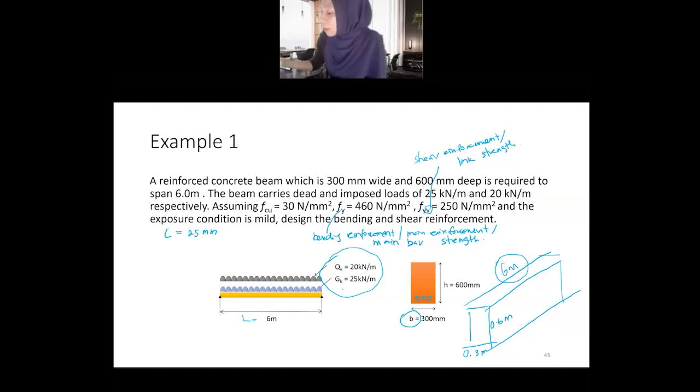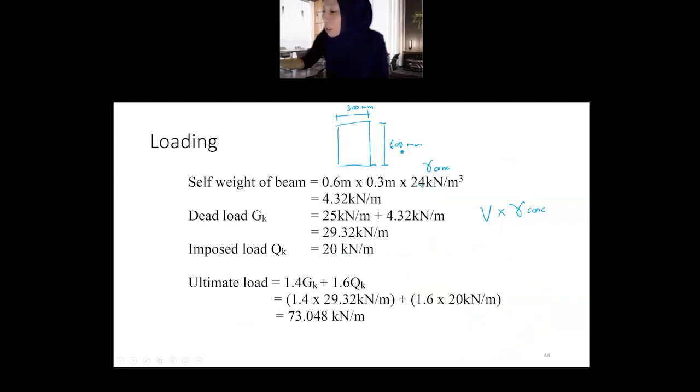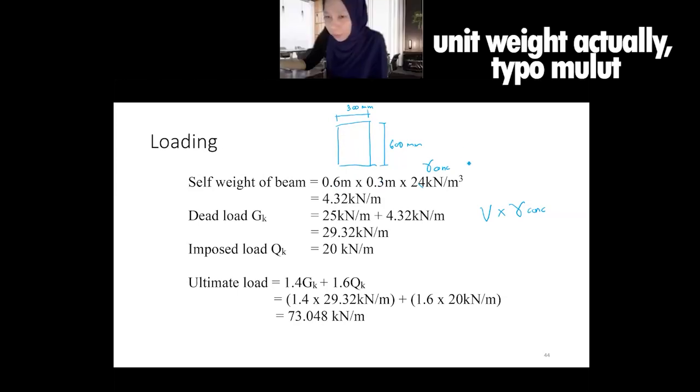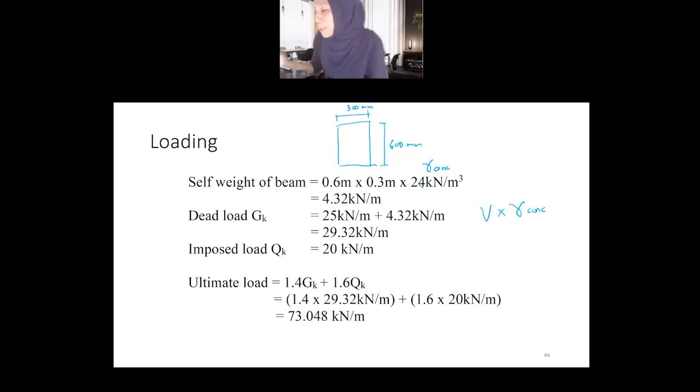Okay, kira dulu the area, which is 600, so 0.6 meter, 300 become 0.3 meter. And then you darab dengan dia punya self weight. Okay, 4.32.